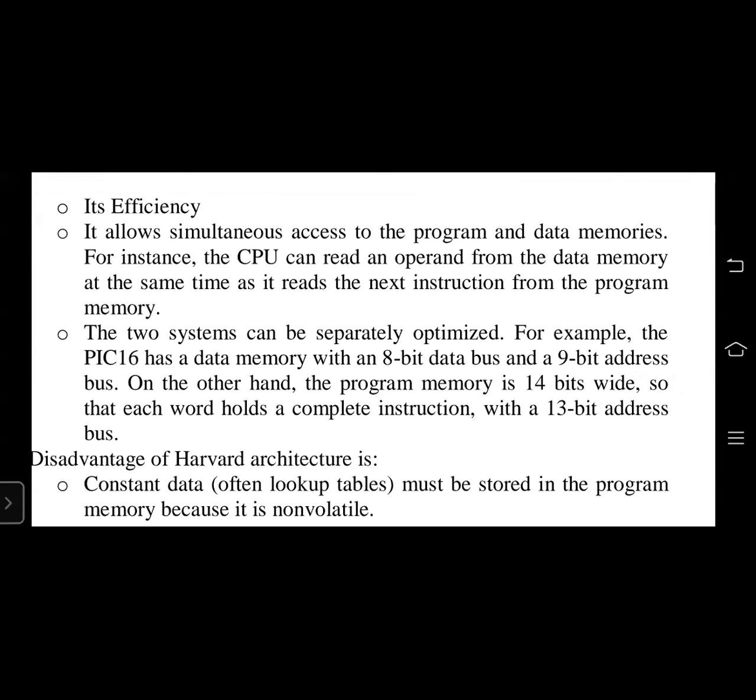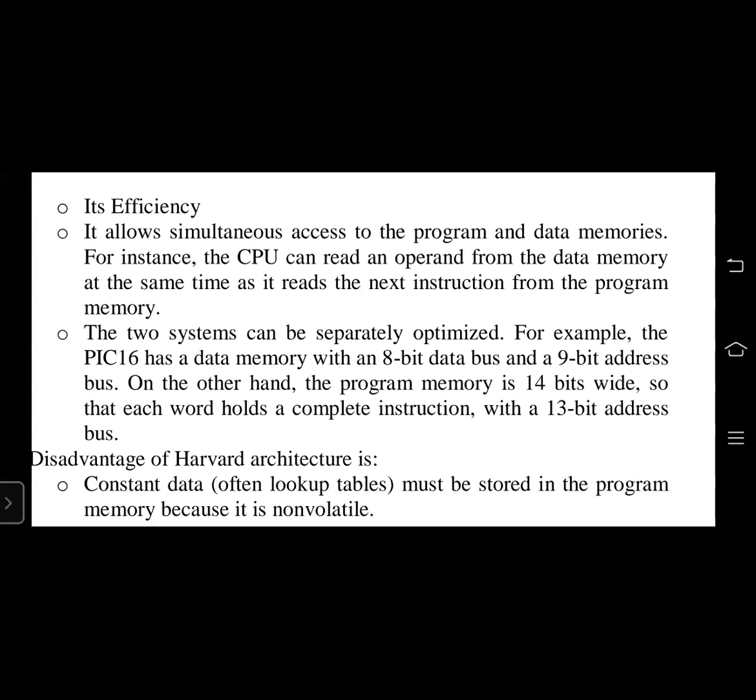For instance, the CPU can read an operand from the data memory at the same time as it reads the next instruction from the program memory, isn't it? From the program memory, it will fetch the instruction. Now, understand it carefully. These words can be used interchangeably: volatile memory, non-volatile memory, data memory, program memory. You should be able to correlate these things.